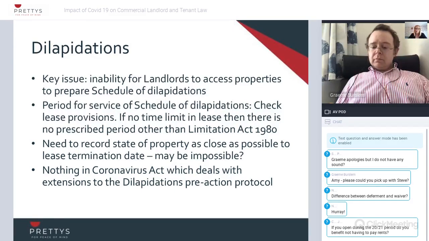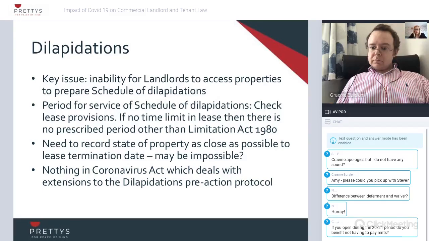The biggest issue at the moment is that access to properties is restricted, although I think from some of my surveying colleagues we are seeing more movement at the moment, with surveyors being allowed to go into properties with social distancing and appropriate measures in place. So that's the key issue at the moment.